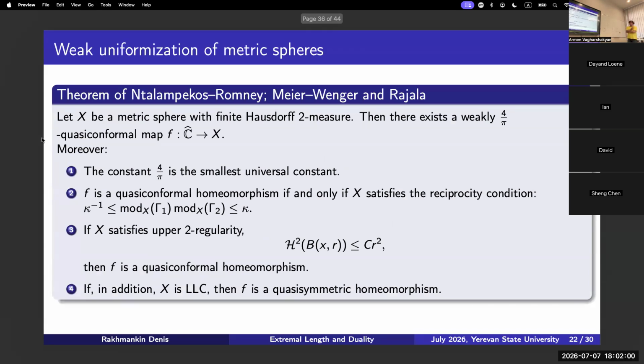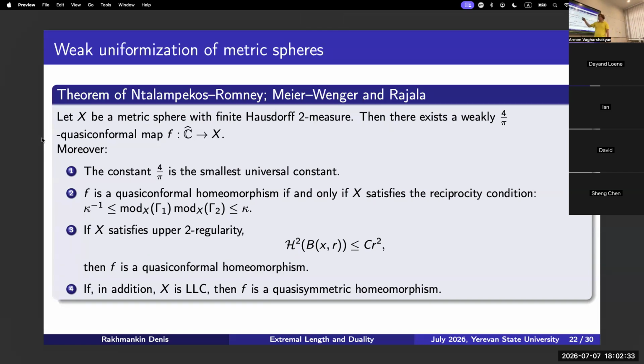So in that case, we have a really great theorem that says that if we have a metric sphere with finite Hausdorff measure, then there exists a weak parameterization which is quasi-conformal, and we don't ask for any other restriction on that sphere. Moreover, this constant is the smallest.